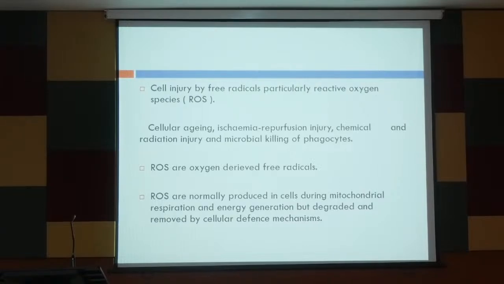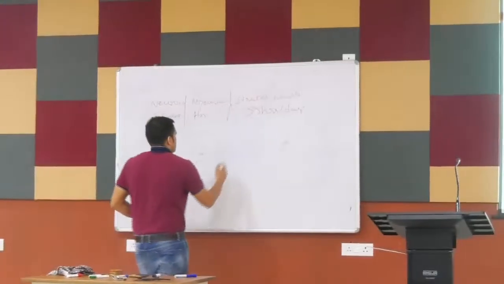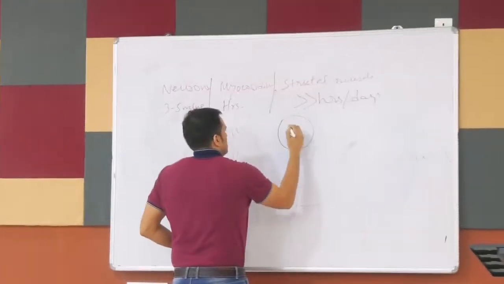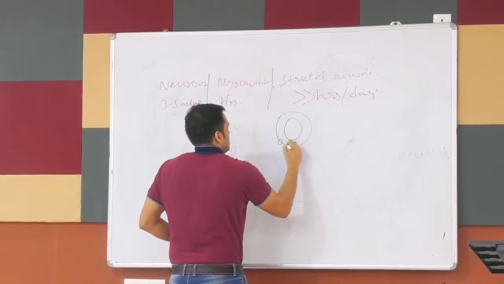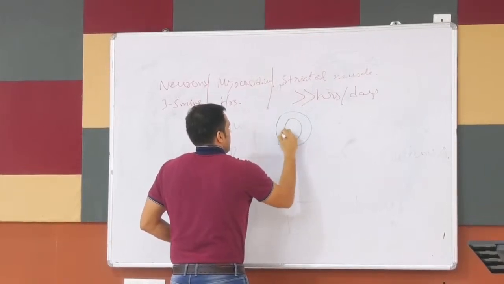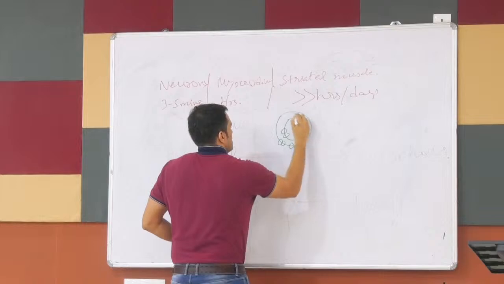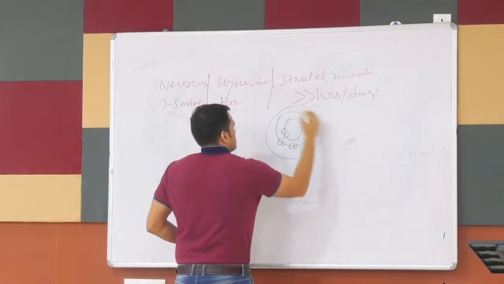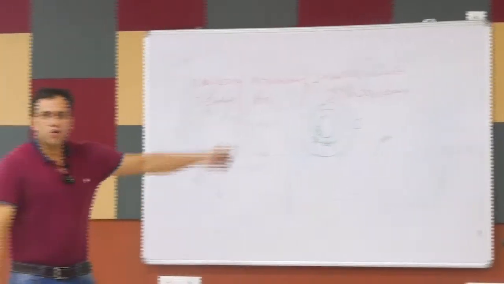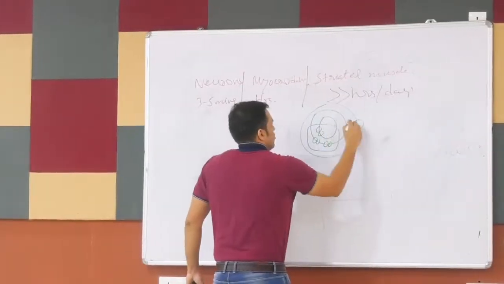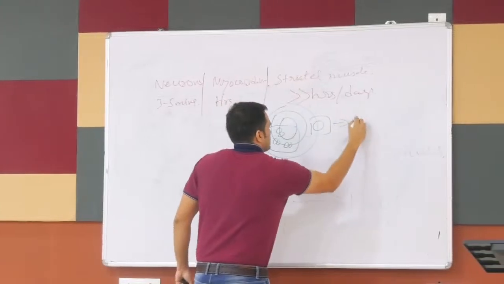What are free radicals? Free radicals are chemical species in which these electrons are paired, whereas this electron is unpaired.